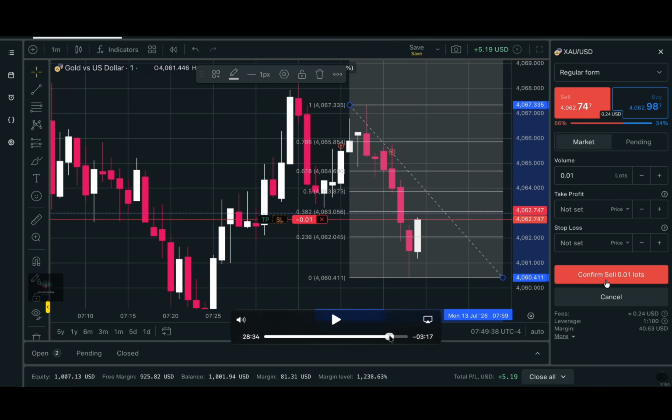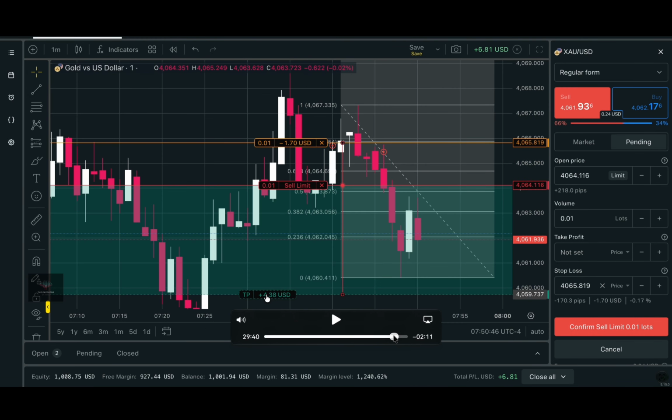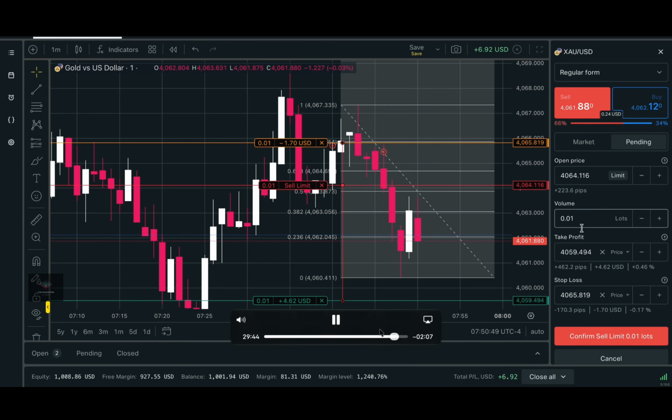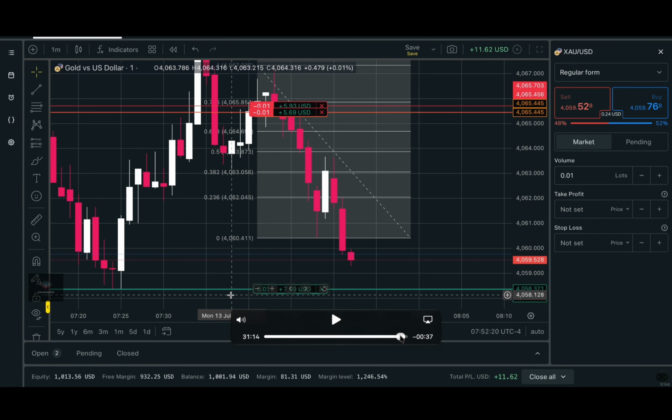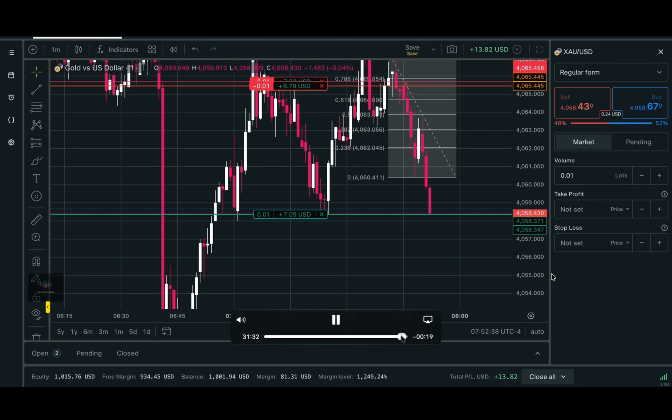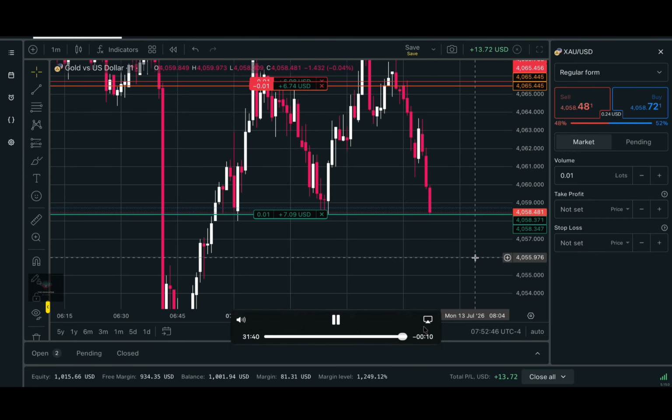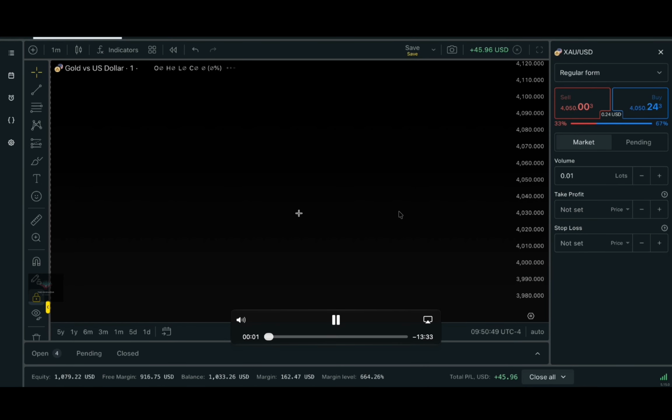And going up into that fair value gap, filling it up, and then came straight down and hit my TP. Come on. So that was my first sell trade.